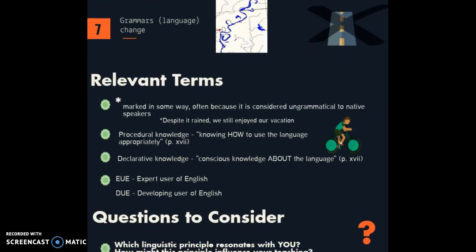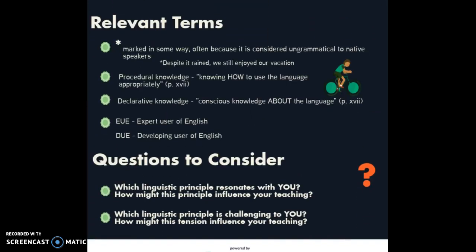So moving down to the relevant terms, if you see an asterisk, that means that it's marked in some way because it's considered ungrammatical or strange to native speakers. For instance, *despite it rained, we still enjoyed our vacation.